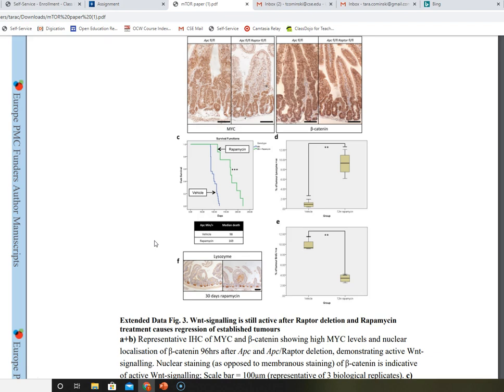There are specific pathways in different cancers that might need to be activated, right? So using an mTOR inhibitor for colorectal cancer may be effective, but for breast cancer, maybe not, right? And that's why cancers are so hard to treat.